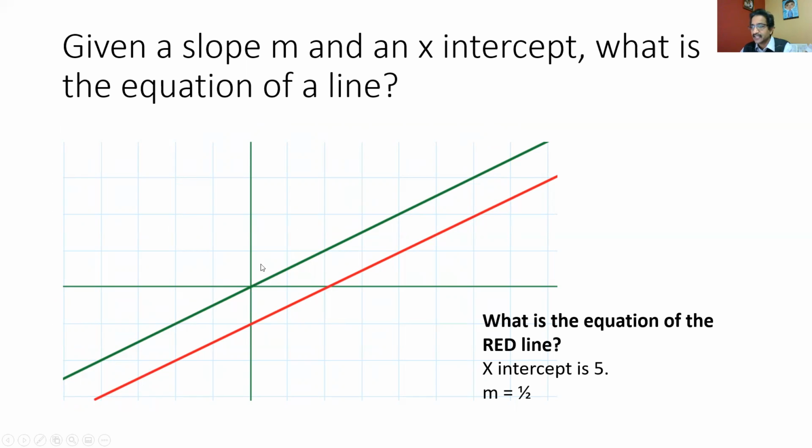In this case, the intercept on the y-axis is 1, but they didn't give 1. They just said it's intercepting the x-axis at 2. How would you now find the value of y? Or y is equal to what? How would you do that?